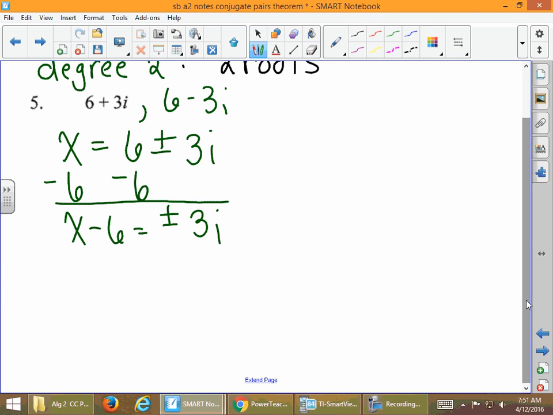What we're trying to do is write an equation in standard form that allows us to work with these two roots that we're given. So the next step here is going to be that we are going to square both sides.